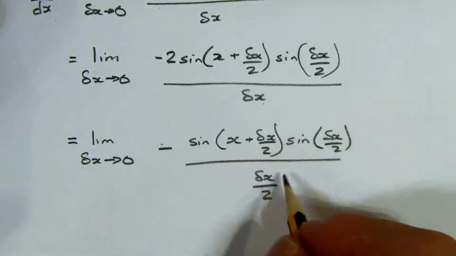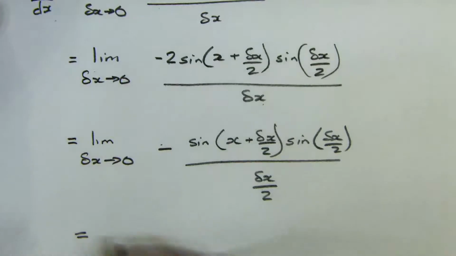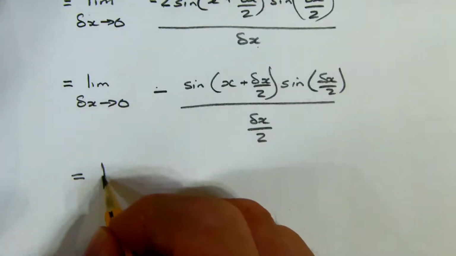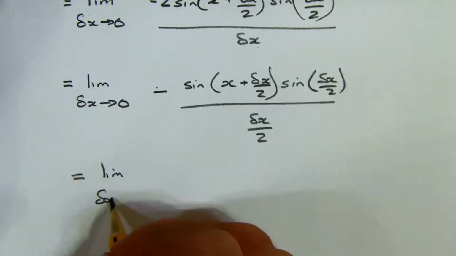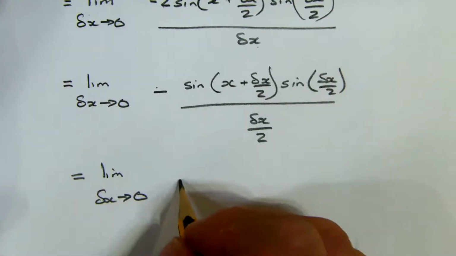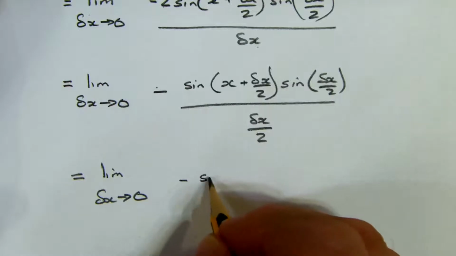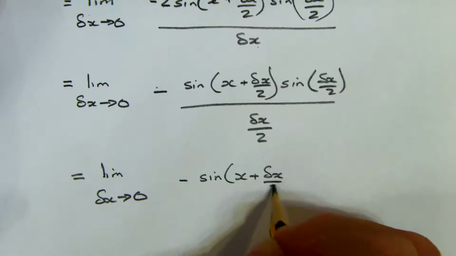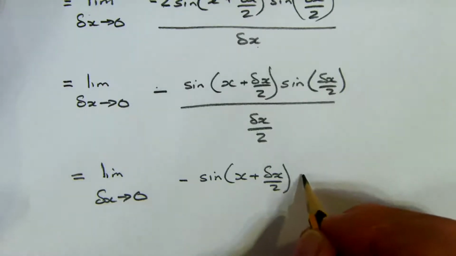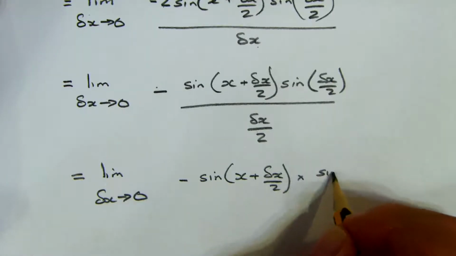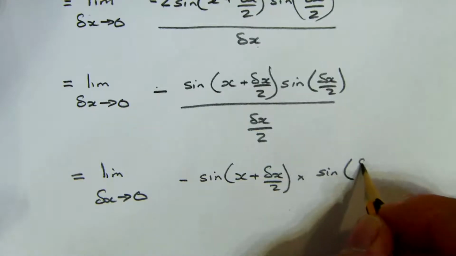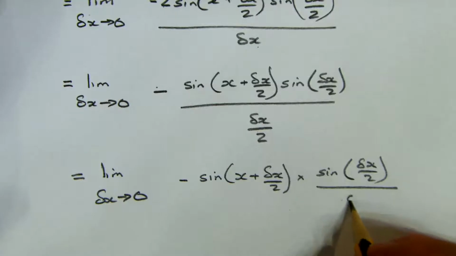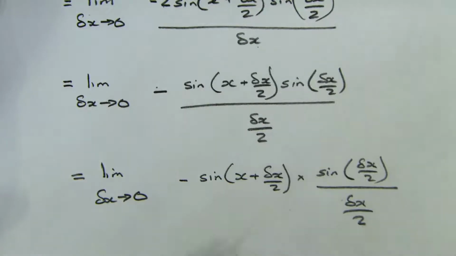As we split the other one, so we're going to split this one, giving minus sine of x plus delta x over 2 times the sine of delta x over 2, all over delta x over 2.